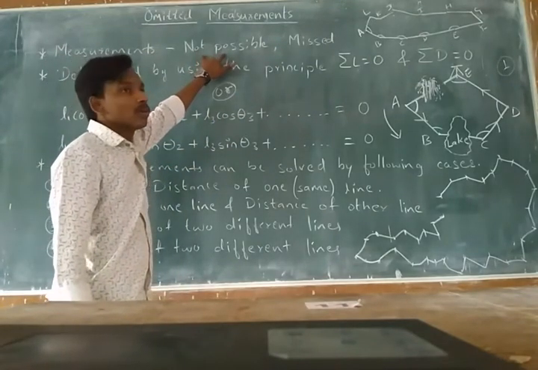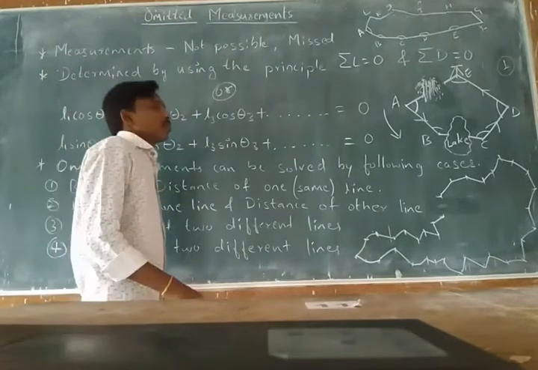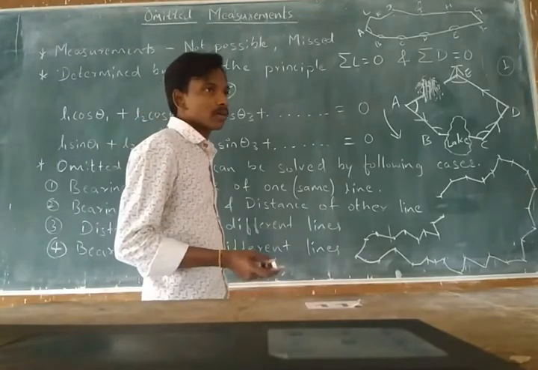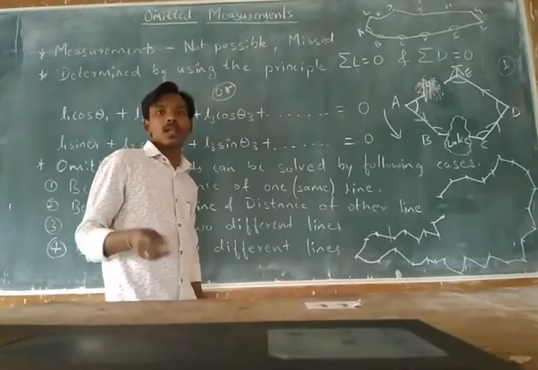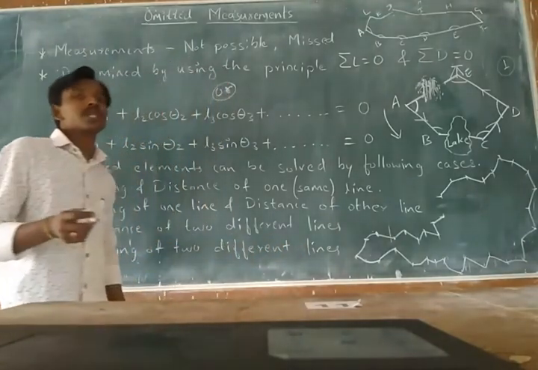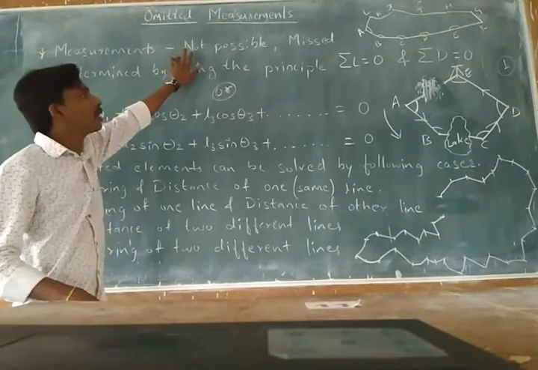Possible to measure it because of some of the obstructions. So like river, valley, or a pond, lake, or hill. So these are the obstructions. Whenever the obstructions are present, that will become the omitted measurement.